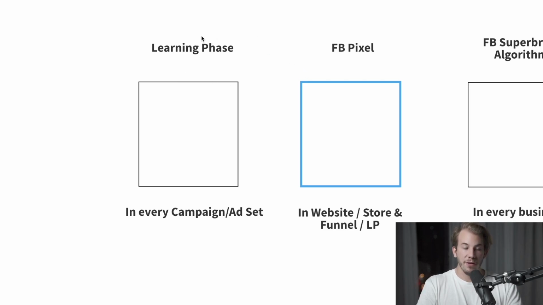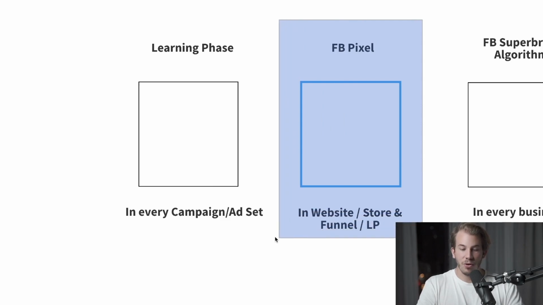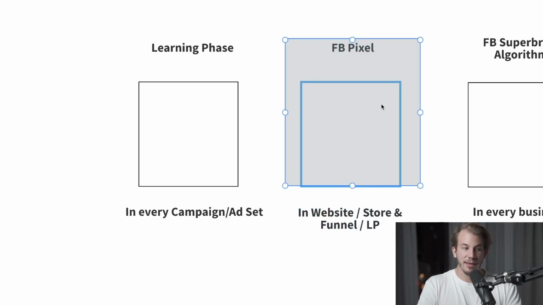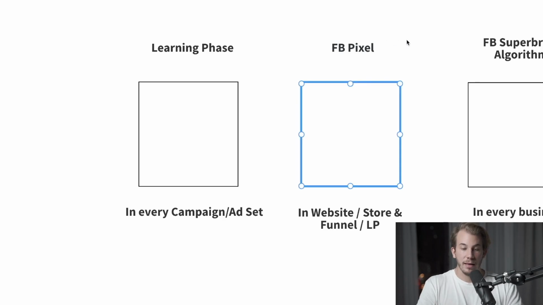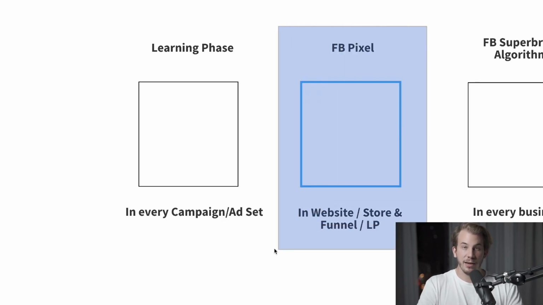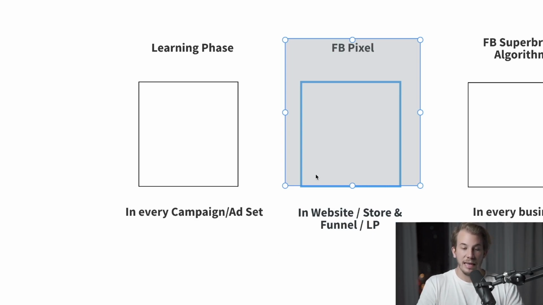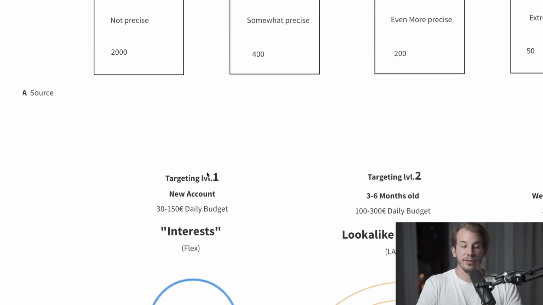So whenever you create a new campaign, it knows all the data of your existing history in that pixel, and it uses that to inform that new campaign. So this campaign now will be much, much more intelligent compared to how your first campaigns first started out.